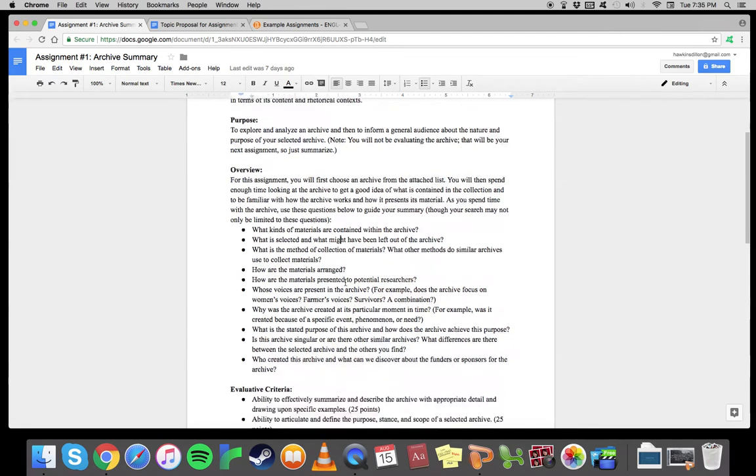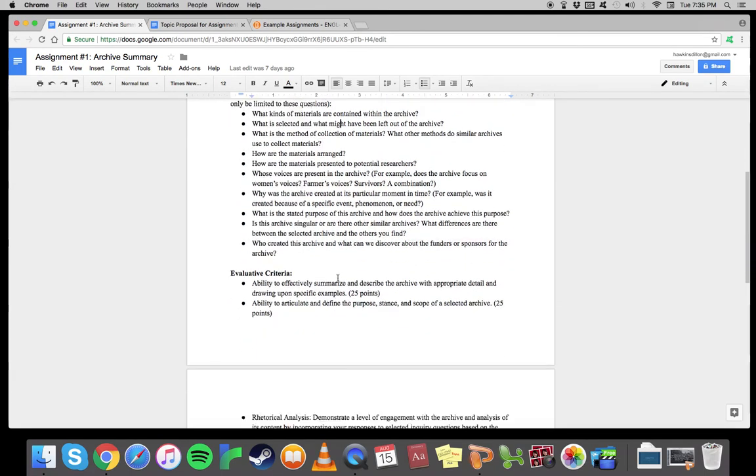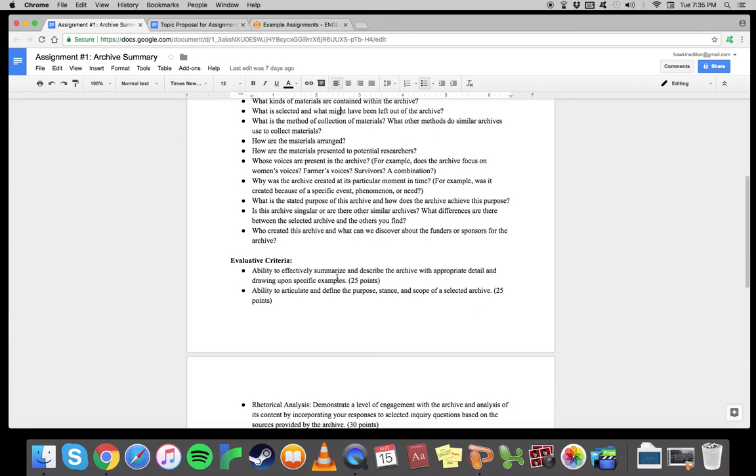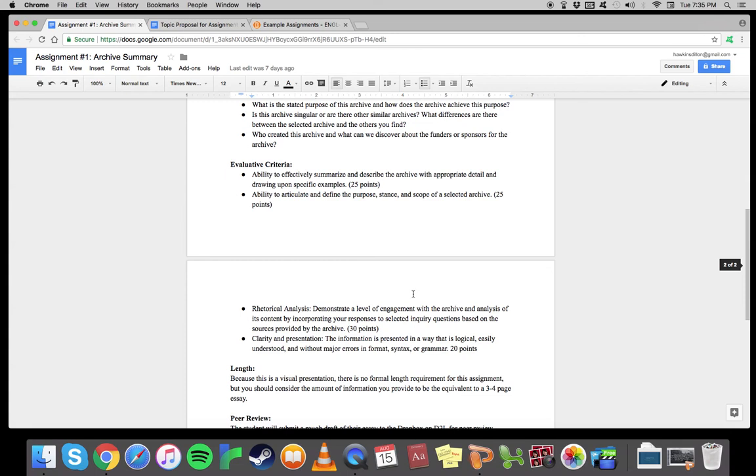Okay? On the assignment sheet, you will find evaluative criteria. This is how I'm going to grade you. Again, it's worth 100 points, and it's broken down into segments. So 25 points will go towards the ability to effectively summarize and describe the archive with appropriate detail, drawing upon conclusion or examples to help prove your points.